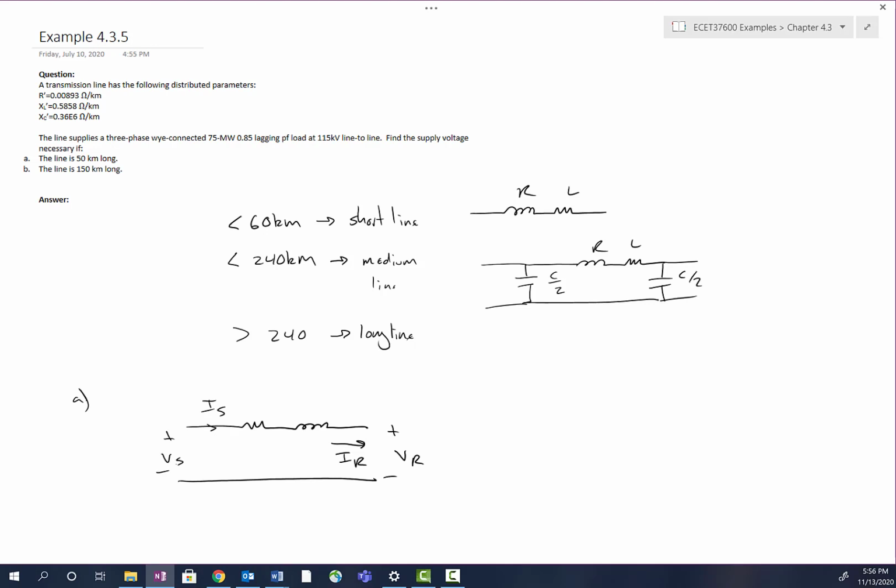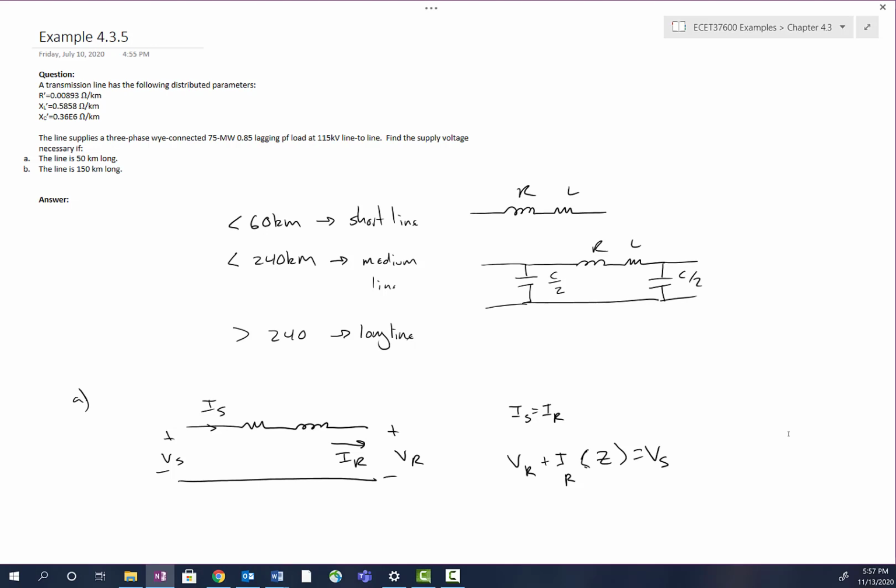You can see from this model that the sending end and receiving end currents are equal, just because that's one branch, where VR plus IS times Z is going to be equal to VS. So that's the solution for the short model, we need to know what that current is. We can replace that with an R, that might make more sense. There we go. So that's our solution method.